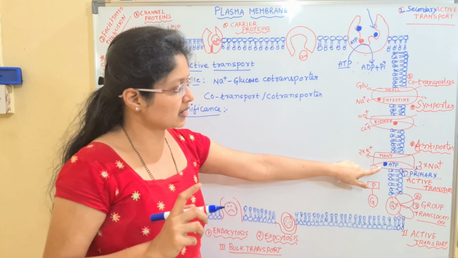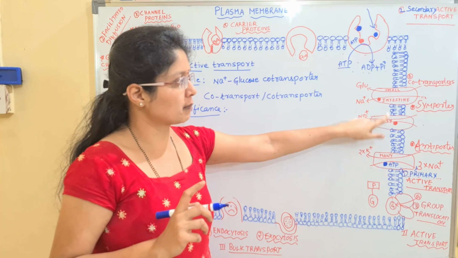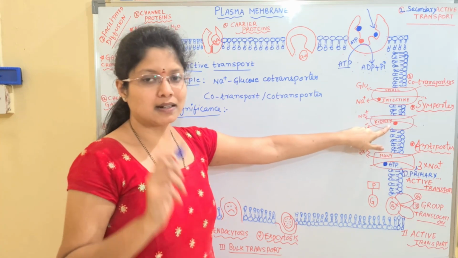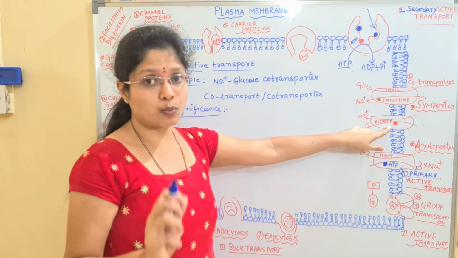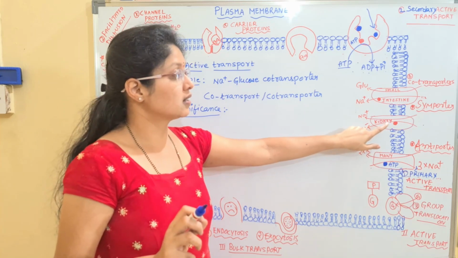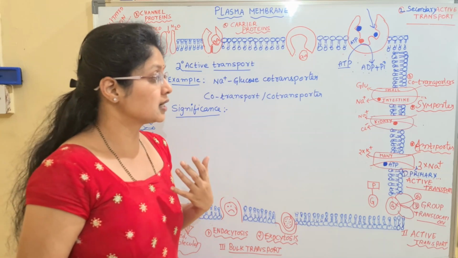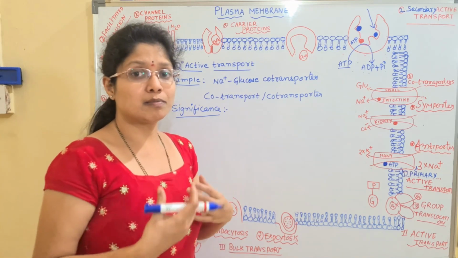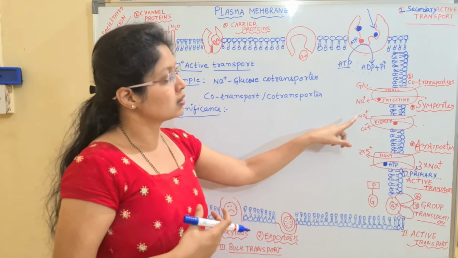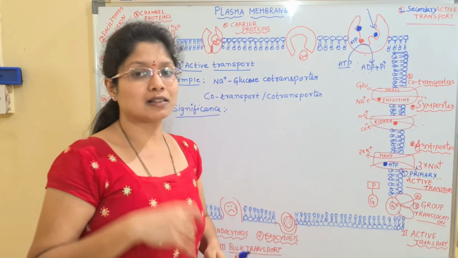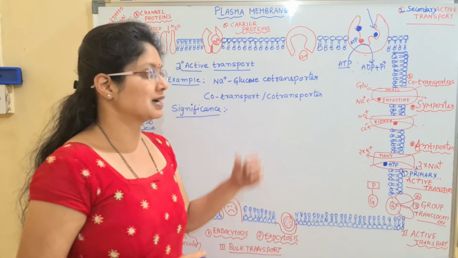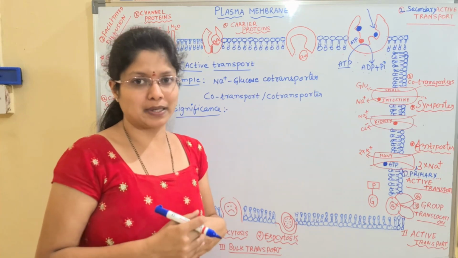Earlier I mentioned ATP, but here I have not mentioned anything, which means energy is definitely required, but this energy is created by the gradient. The energy is derived from the gradient of one of the molecules operated in the co-transport system. Let us see which molecule is helping here.